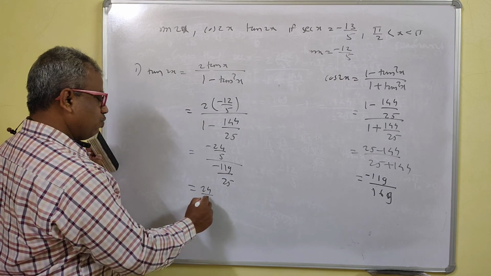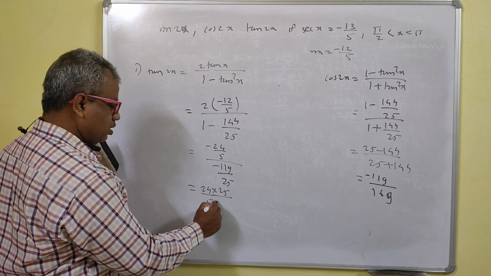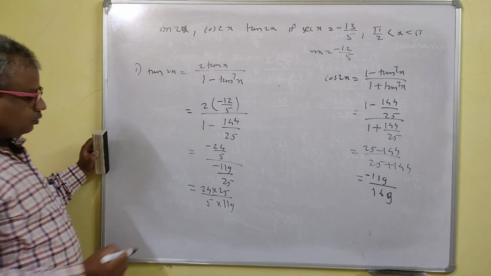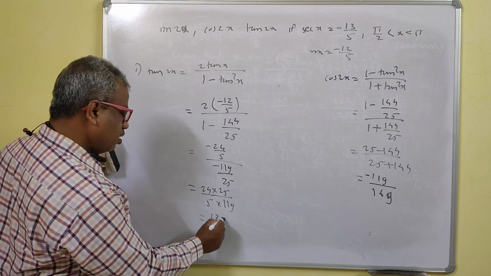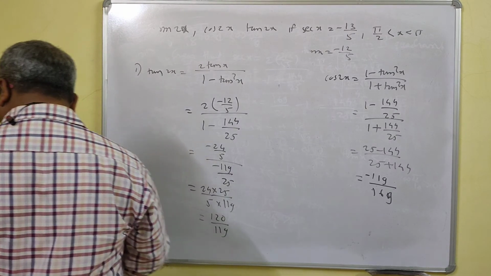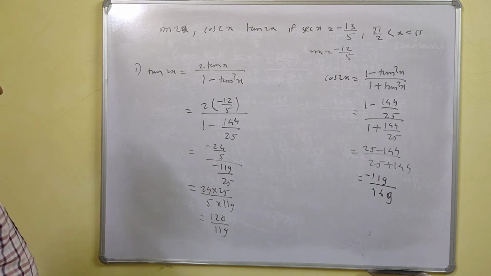So this is 24 by 5 into 25 upon 119. So this is 120 upon 119, and it is positive.